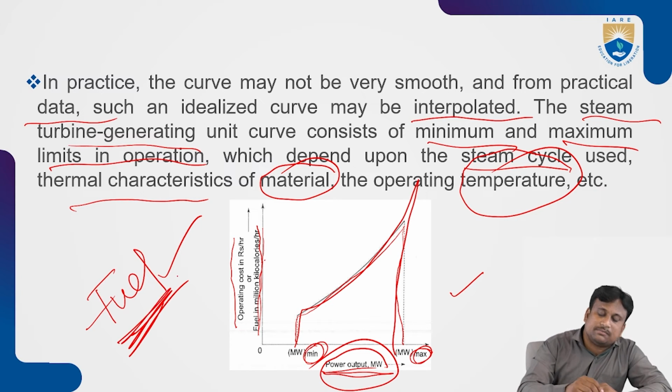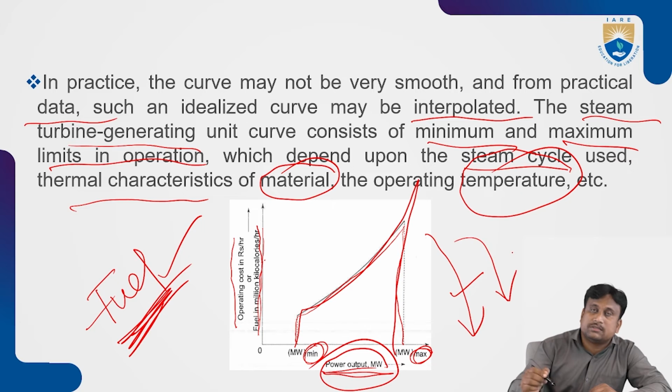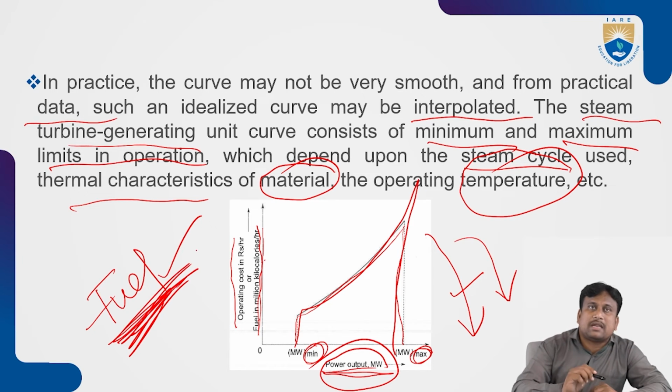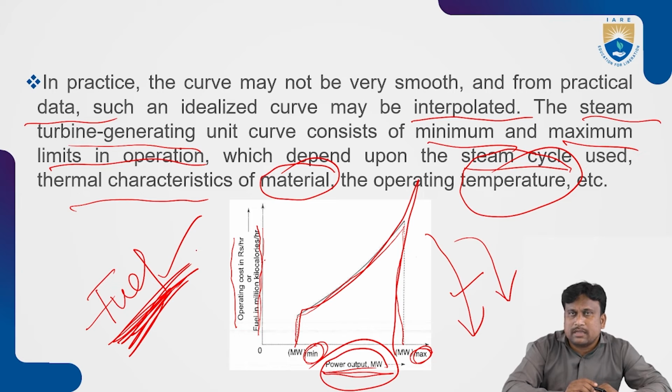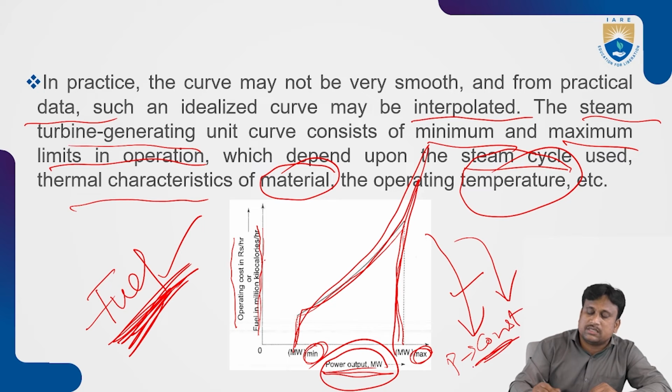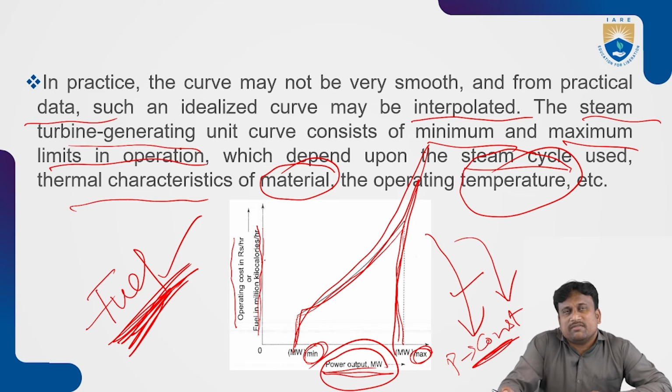If the fuel consumption is less, the curve may fall slowly. If the fuel consumption is within the prescribed limits, then your power output may remain constant. So power output is constant when the availability of the fuel is suitable in nature.